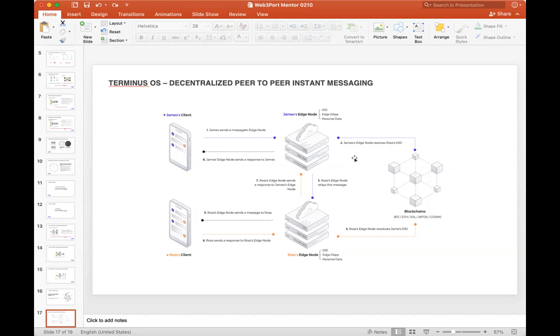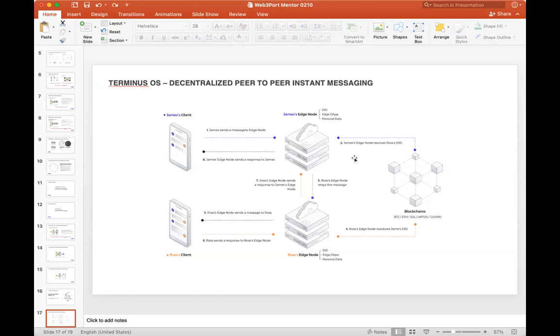Because the self-hosted nodes have compute and storage capability, and each self-hosted node represents a DID that is discoverable and identified through the blockchain, if James sends a message to Ross, the message is sent to James's self-hosted node, and the node can find Ross's node by utilizing the blockchain, and they can establish a direct communication channel.